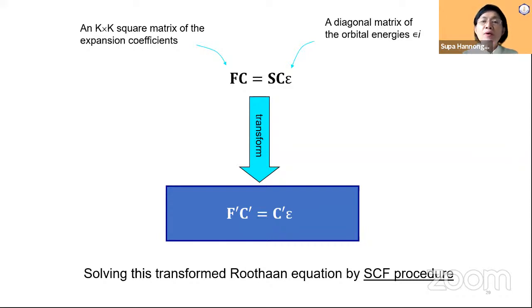And to make it easier, we transform this equation to FC equal CE. And in this way, the numerical method will help to guess the coefficient. This is the coefficient matrix.